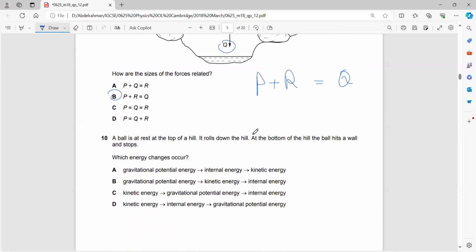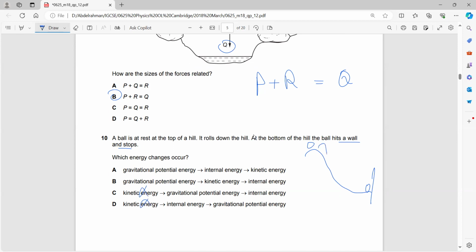Good. A ball is at rest at the top of the hill. It rolls down the hill. At the bottom of the hill, the ball hits a wall and stops. Which energy changes occur? Initially, it had gravitational potential energy, because it was at the top of the hill.